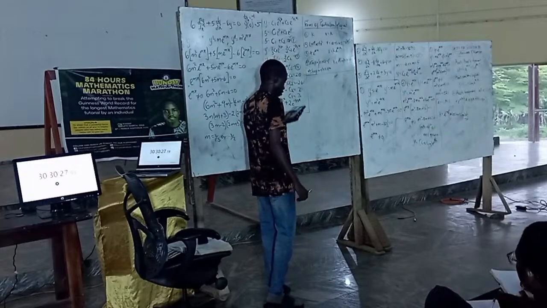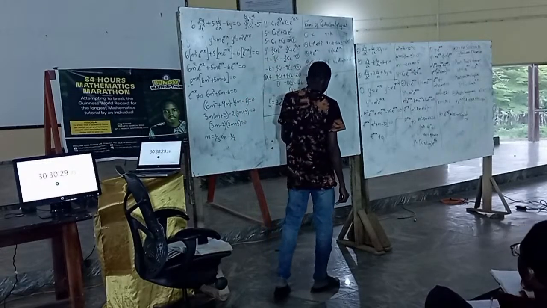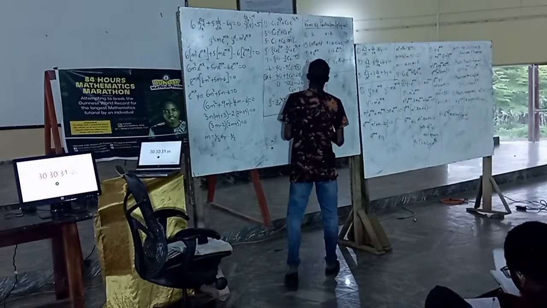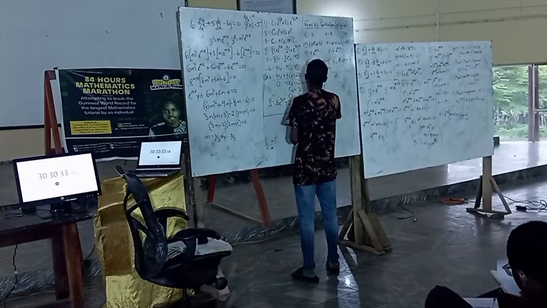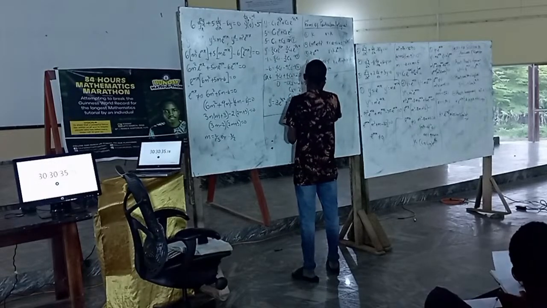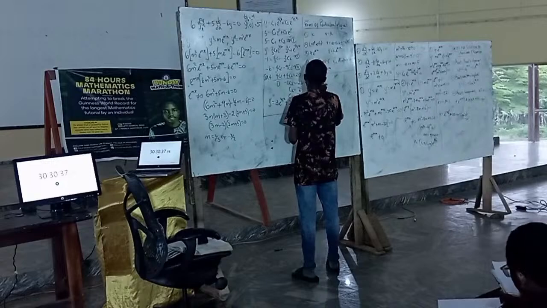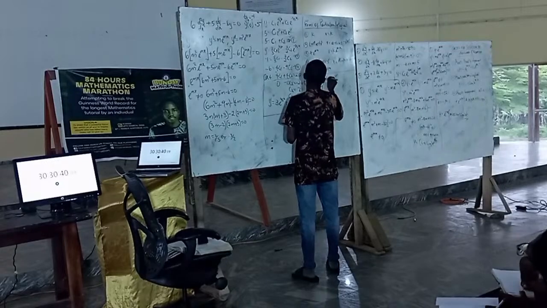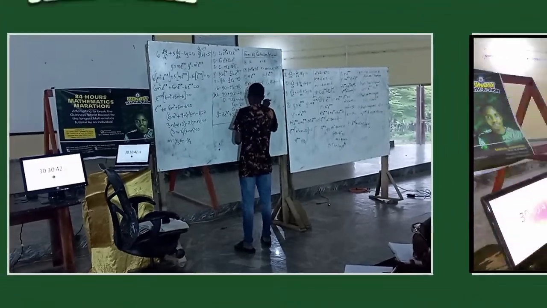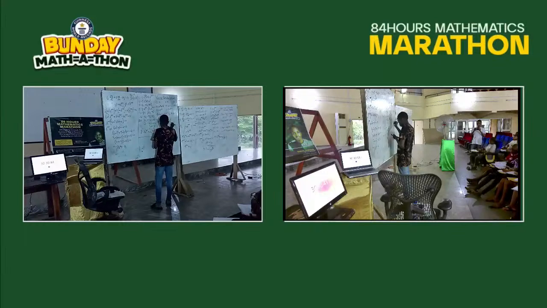So now, let's have this differential equation: d squared y over dx squared plus dy/dx minus 2y equals 4.